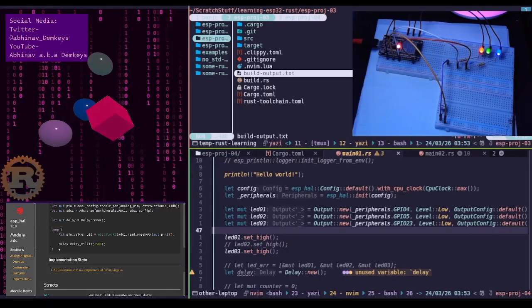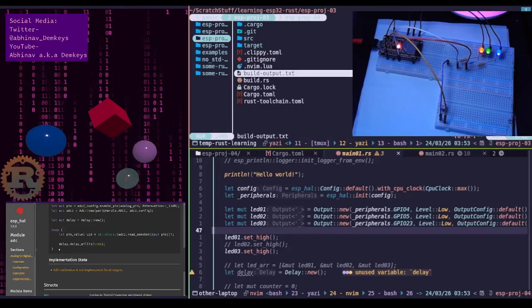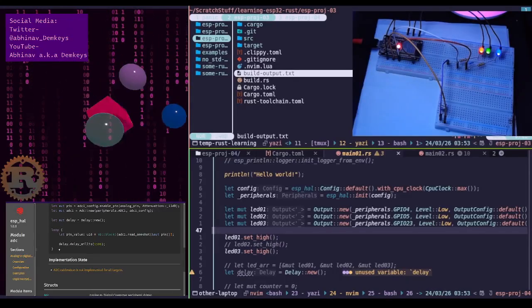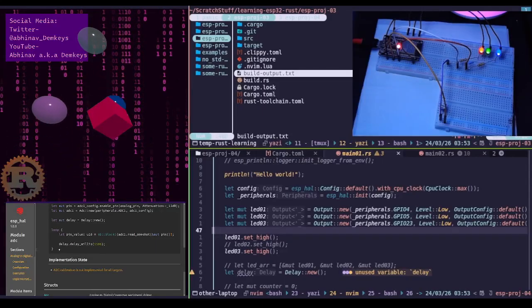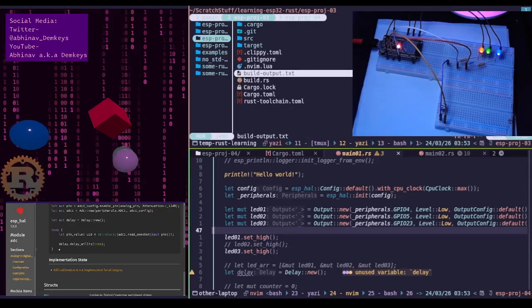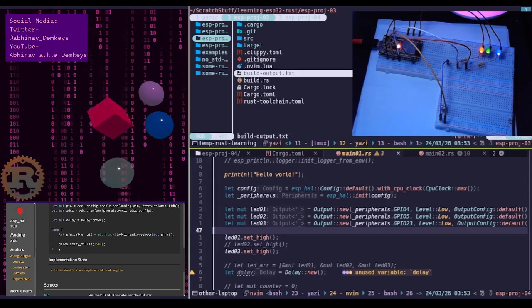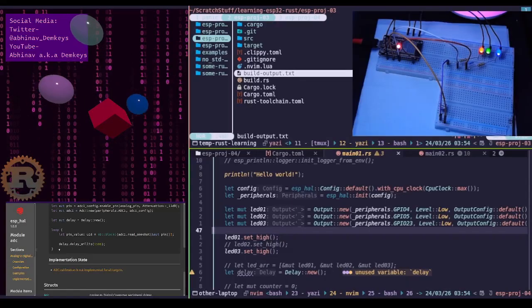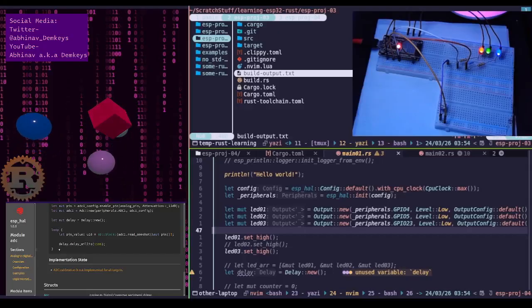The ESP HAL docs mention that ADC calibration is not implemented for all targets.